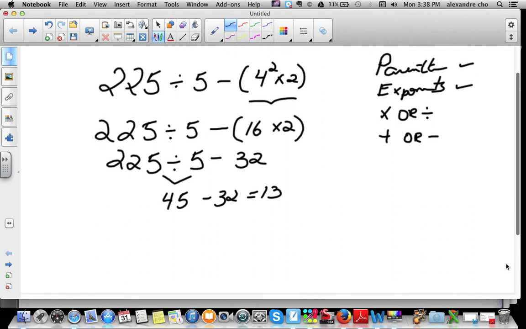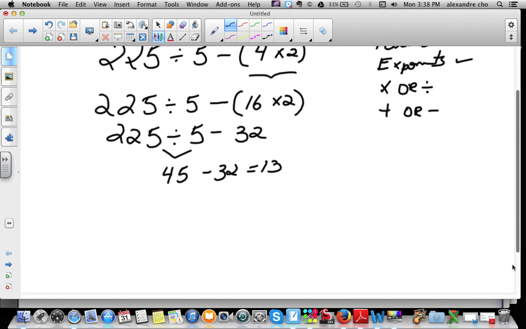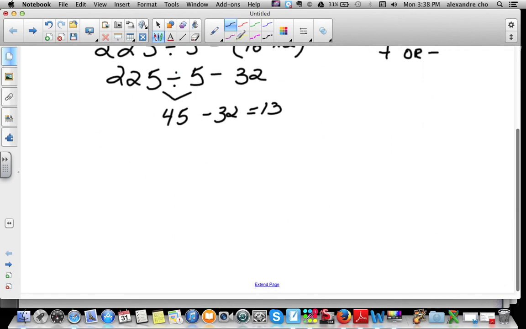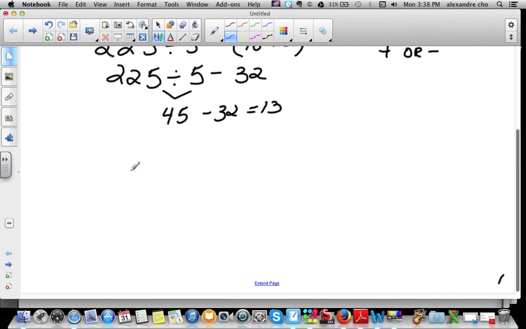I'll do one more at the bottom. Okay, I changed colors. All right, so I don't know. Let's do 7 squared, minus 5 squared divided by 5 times 4 plus 12.